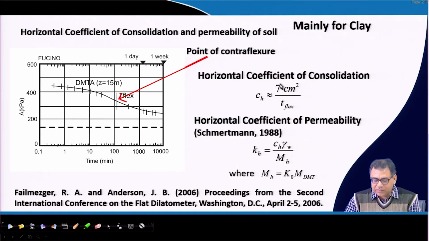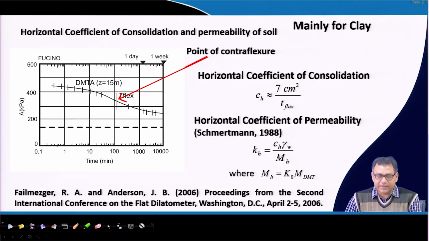So, that is equal to 7 centimeter square by T flex. So, the T can be second or minute. So, that means the Ch will be either centimeter square by second or centimeter square by minute, depending upon how you are putting the T flex value.